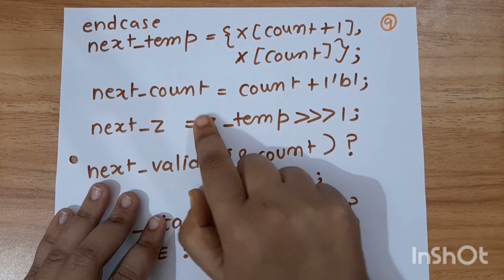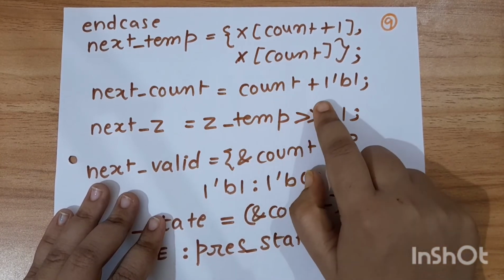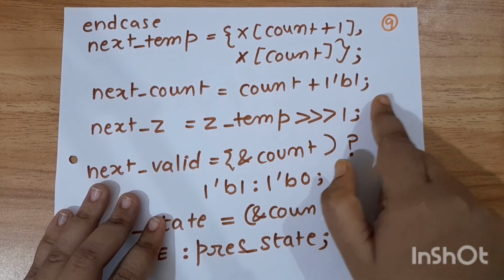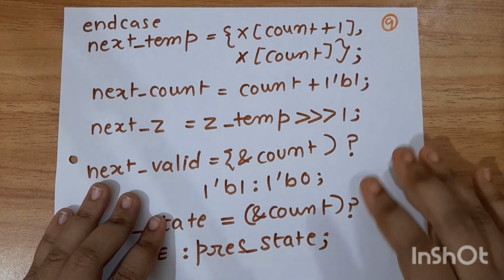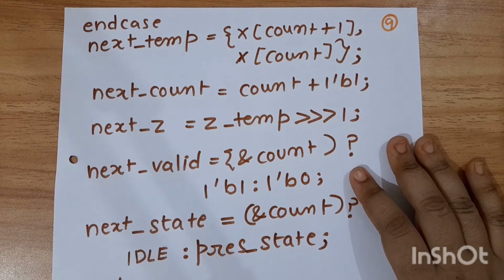And next count value will be incremented, count plus 1'b1 semicolon. So you should know that here in the code, rather than decrementing the count and checking it for 0, we are incrementing the count.